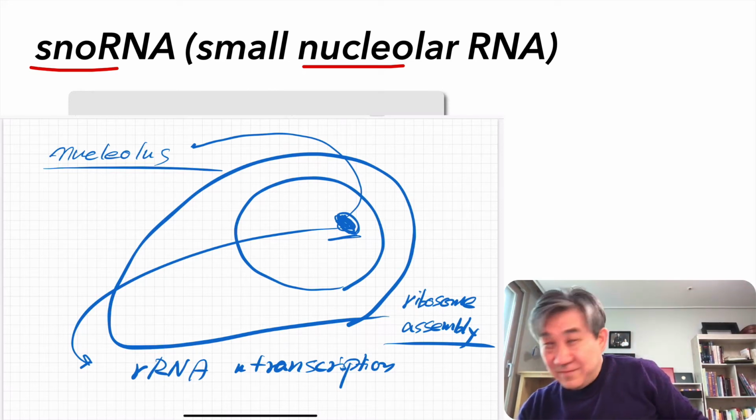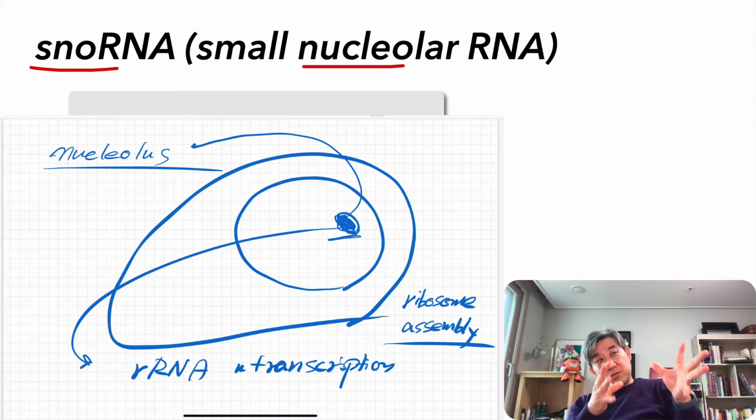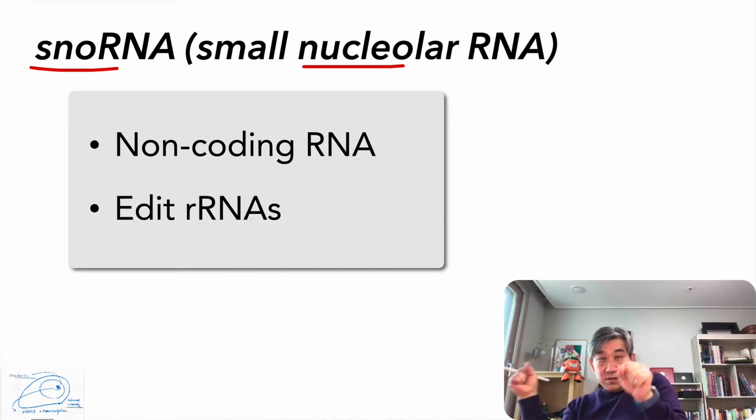So the small subunit and large subunit respectively are assembled in this nucleolus, and then each subunit is exported out of the nucleus to the cytoplasm.